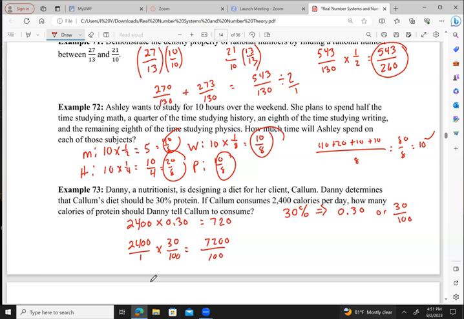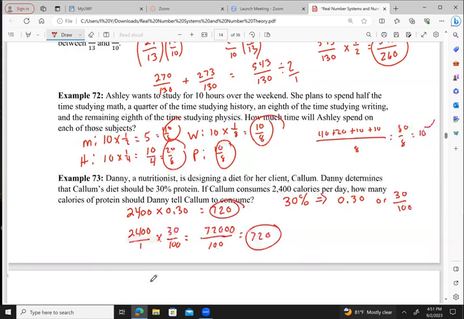And of course, you can divide both by 100 and get 720 as well. It works either way.